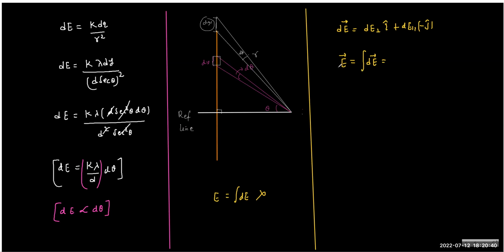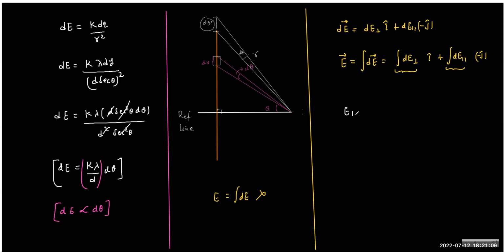E is equal to the integration of dE vector, which in turn will be the integration of dE perpendicular i cap and the integration of dE parallel into minus j cap. And that is why I said you can do these integrations separately. So integrating dE is now converted into integrating the components and adding them together. So it's up to you to choose separate values.